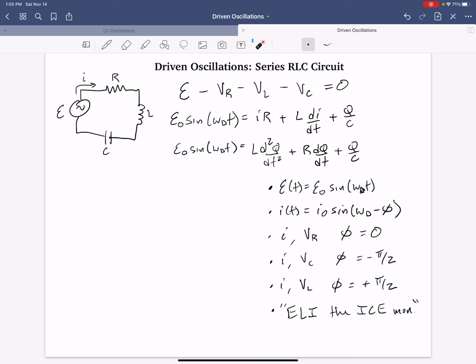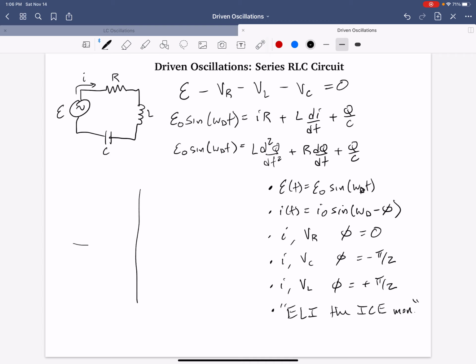That's the same thing as saying the EMF or the voltage for the inductor leads the current. For a capacitive load, the current leads the voltage, which is the same thing as saying the voltage for a capacitor lags behind the current. So let's keep that in mind when graphing them out.